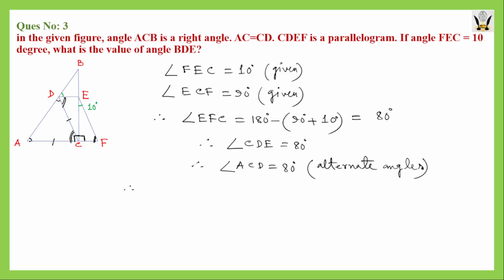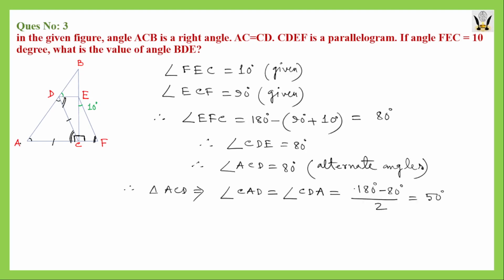Now if we consider this triangle ACD, one angle we have already found out, that is 80 degrees, and the sum of the remaining two angles will be 180 minus 80, that is 100 degrees. And as per the given condition of this problem, AC is equal to CD and these two angles are the same. That means the measure of each individual angle will be 100 by 2, 50 degrees, right?